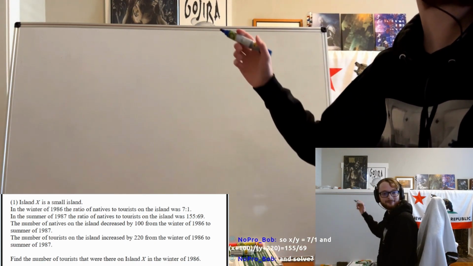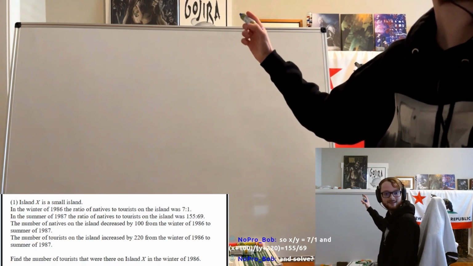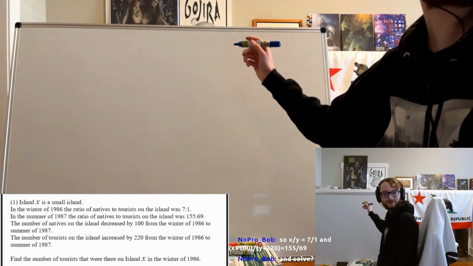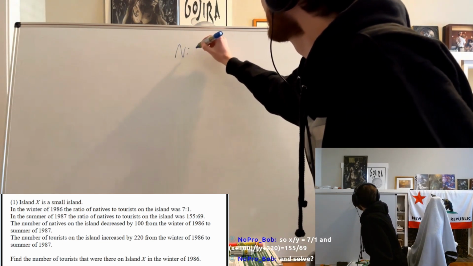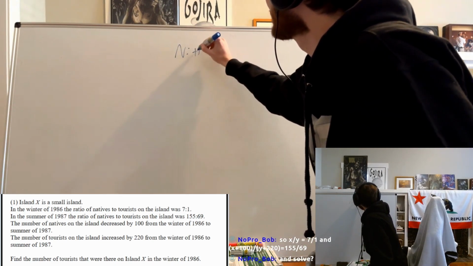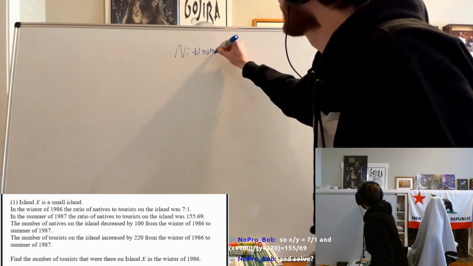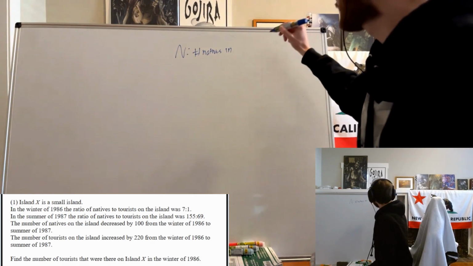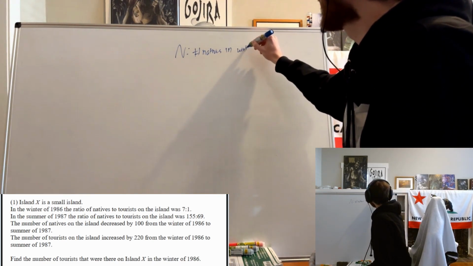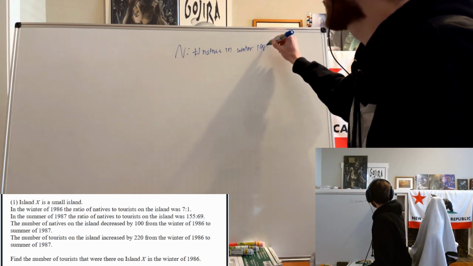So let's say I'm going to use N and T. N is the number of natives in winter of 1986, and I'm going to do everything in terms of winter 1986 here.